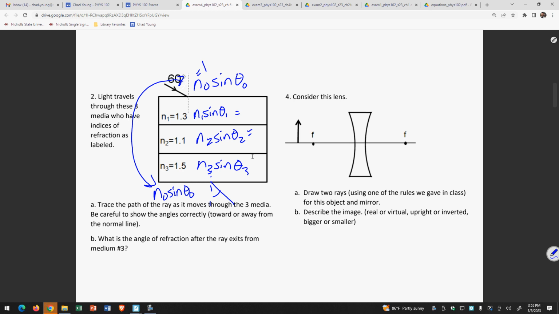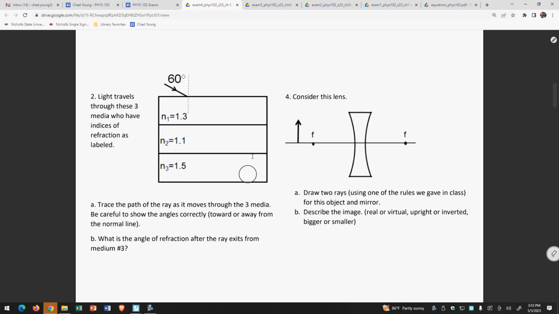So how would you draw it? Okay, let's do that. That was part B that I was talking about. To trace it, you want to ask, is it moving faster or slower? Here, n equals 1. That's fast, and this is slow. So as it goes into the slow part, it bends towards the normal.